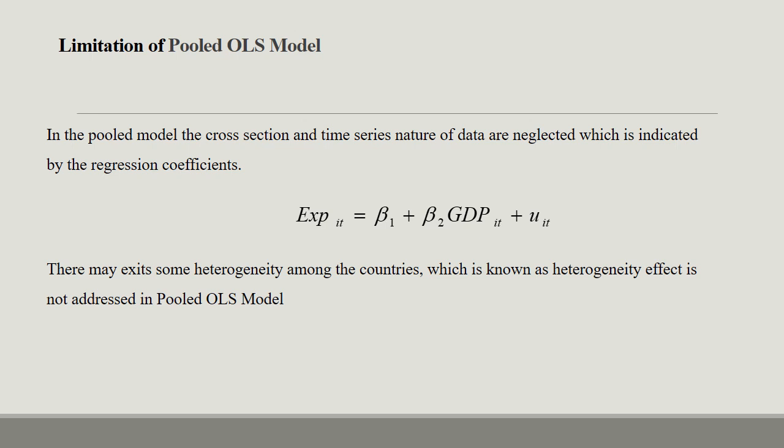So the GDP coefficient, that is beta 2, is used for analyzing all units. So the concept of heterogeneity, which is there in the form of different countries, and which is one of the main important positive points of panel data analysis, is not discussed in the pooled OLS model.